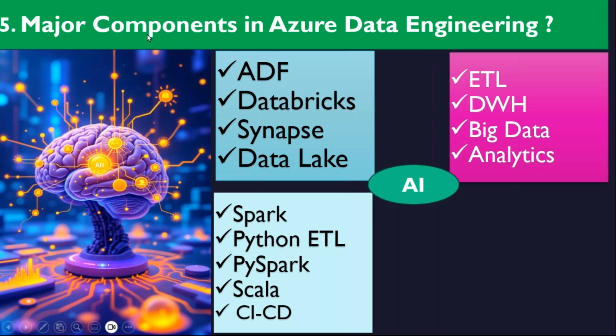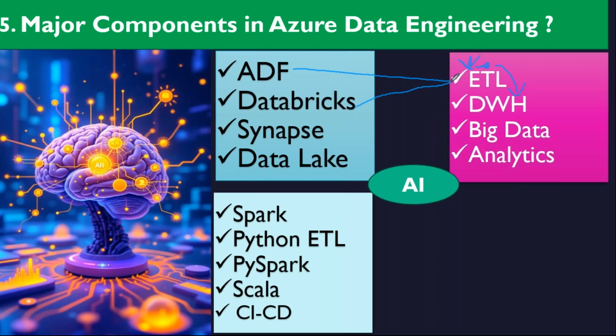In our classes, we have Data Factory, Databricks, Synapse, and Data Lake. These are the primary components. For what? To implement ETL. Data Factory is used to implement ETL, extract, transform, load: extract data from various sources, do all kinds of transformations, and load to warehouse.